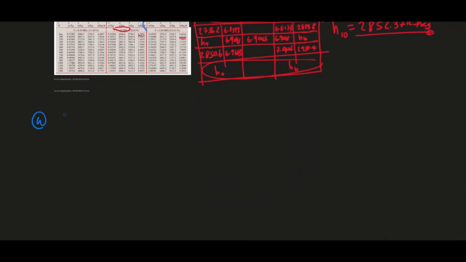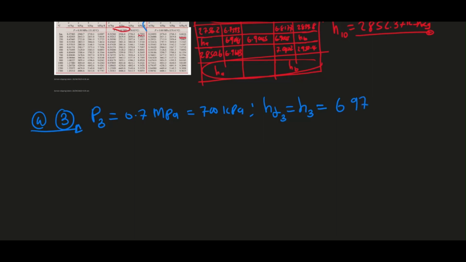So at step 3, at a pressure of 0.7 megapascal, 700 kPa, HF3, which is equal to H3, we just read off the table, and H3 is the same as HF at a pressure of 700 kPa, and that is 697. Okay, that is HF.